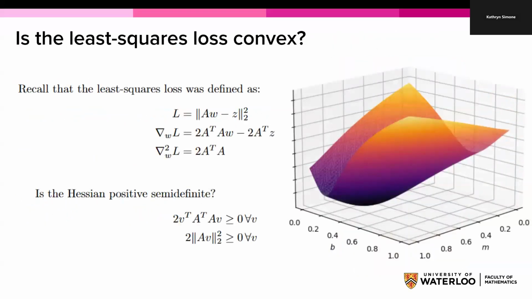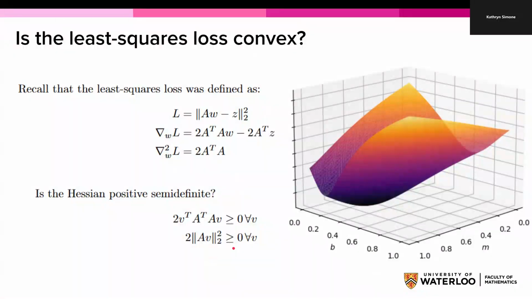And so with this definition of convexity in mind, we can now return to the least squares loss that we used earlier to check that it was in fact convex, and we didn't just somehow get lucky. We had already looked at the gradient, but now we can look at the Hessian, the matrix of second partial derivatives, as it gives us a direct link to the properties of convexity. So the Hessian is this third line here, 2 A transpose A. Plugging the Hessian into the definition of positive semi-definite matrices we saw earlier, this is equivalent to writing 2 times the squared norm of the product Av.